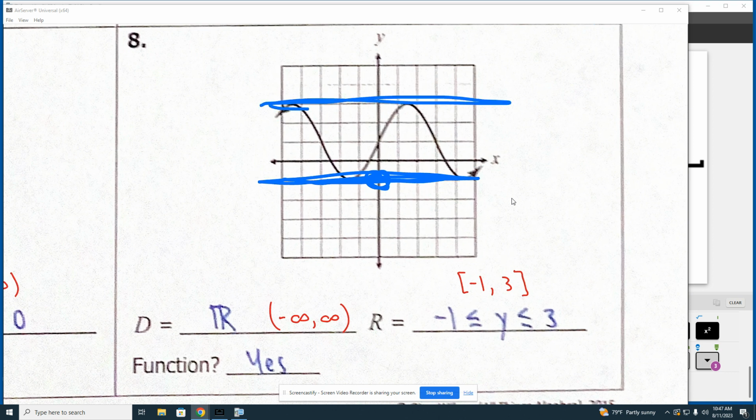And it never got above what y value here? So my range was from -1 to 3. Okay? And this one also definitely passes the vertical line test. So it is a function. Questions? Anybody?